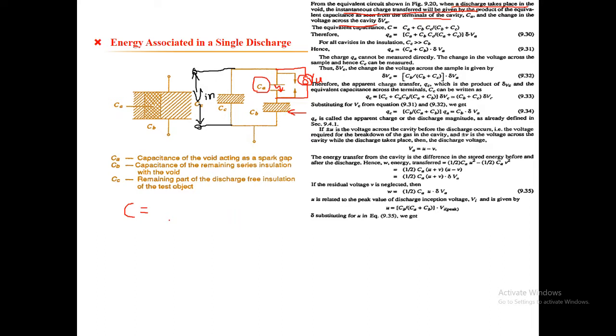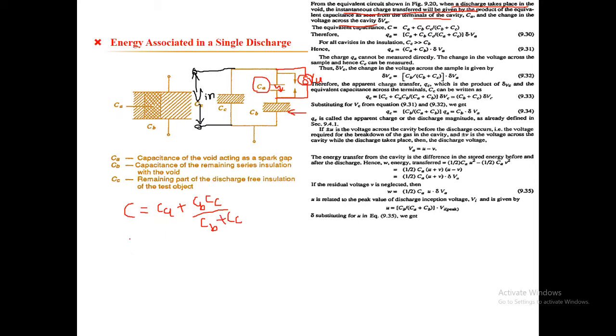So the equivalent capacitance, when looking from the cavity side, is CA plus the series combination of CB and CC, that is, CA plus CB into CC upon CB plus CC. So this will be the equivalent capacitance.